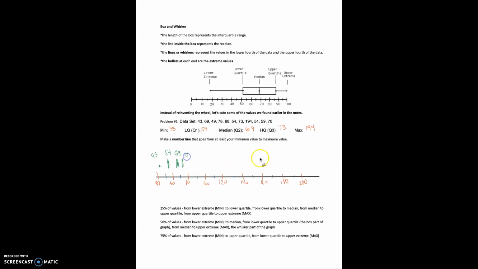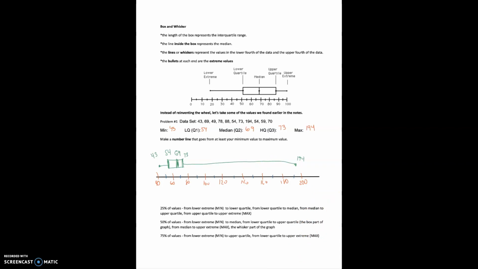And then our highest value is 194, so it's way over here. So the vertical lines create the box, and then the whiskers are from our upper and lower quartiles to the max and min. And we'll pretend that's straight. So that is our box and whisker.